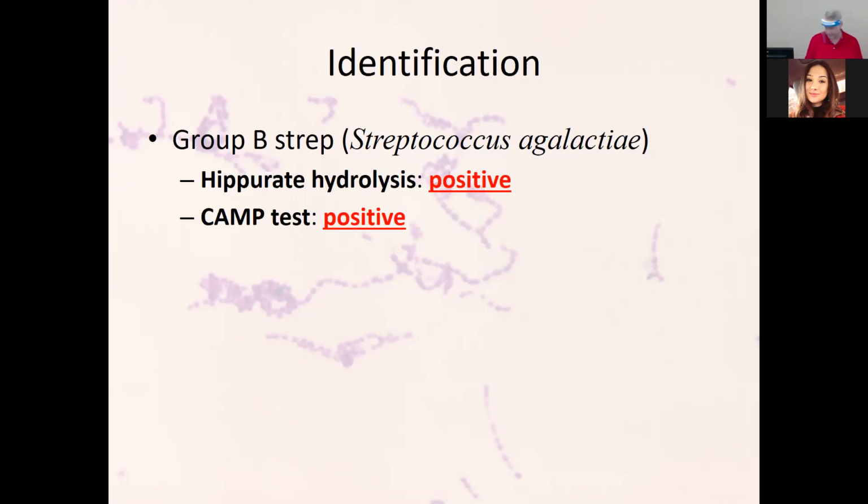Positive CAMP, okay? CAMP stands for, this is a big trivia question you get right one day. What does CAMP stand for? Anybody know? It's about four names. Christie, Atkins, Munch-Petersen. Yes, so four different people probably came up with this one time and they named it after themselves and called it the CAMP test.